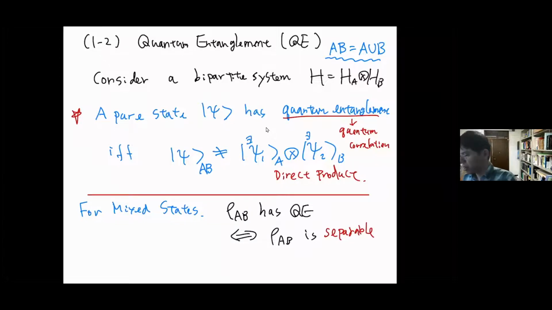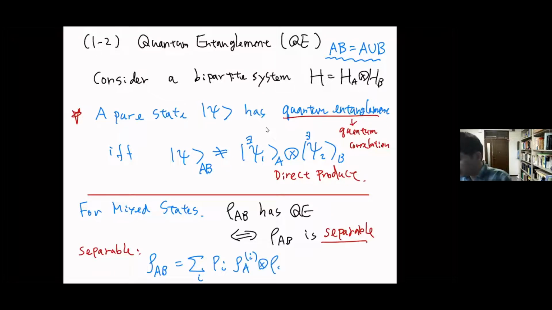I should explain the meaning of separable. Separable means the density matrix rho AB is decomposed this way: some probability distribution of factorized states, like this.